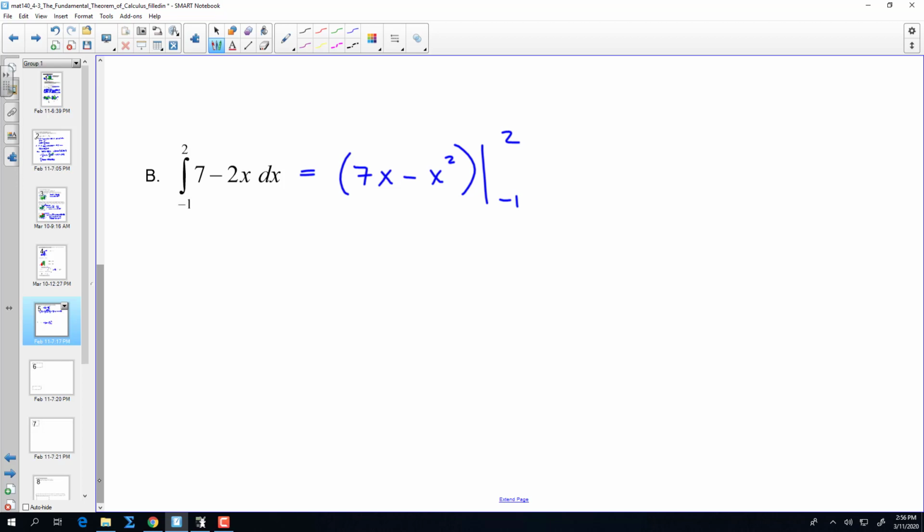Then if I plug in 2, I would have 14 minus 4. And if I plug in -1, it's -7 minus 1, because when you square -1, it becomes positive, so it's still negative here. Alright, 14 minus 4 is 10. And then it's minus -8, so 10 plus 8. So we get a total area under the curve of 18.